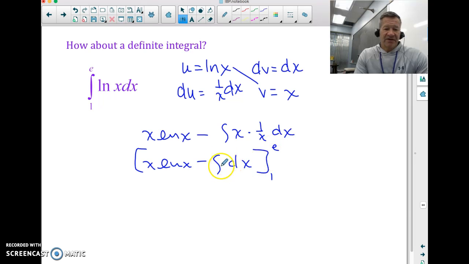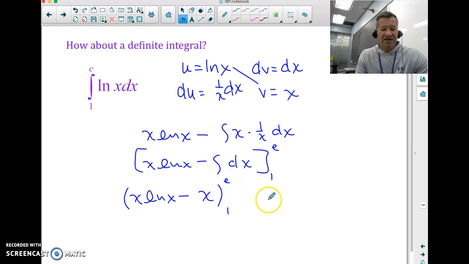Now I still have to evaluate this integral first, so x log x minus the antiderivative of 1, again as we said earlier, is x. I don't need to put plus c because it's a definite integral, so I'm evaluating this from 1 to e.